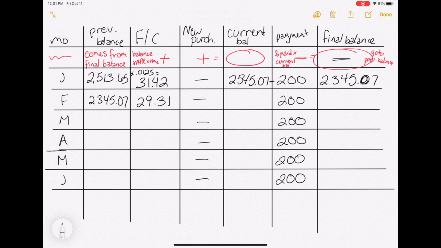We're going to add that to our balance, 2345.07. Our new balance is, because we have no new purchases, 2347.38. Okay. Minus our payment of $200, we get 2147.38. So I'm going to keep going. You keep going too. Check your work as I continue.